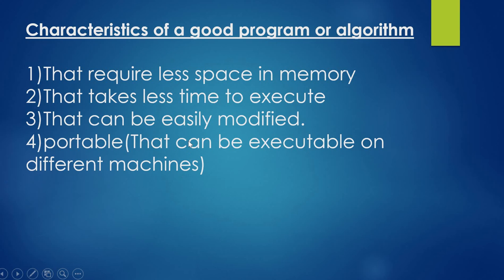These are all the conditions to decide whether a program or algorithm is efficient or good: it requires less space in memory, takes less time to execute, meaning faster execution, can be easily modified, and is portable.